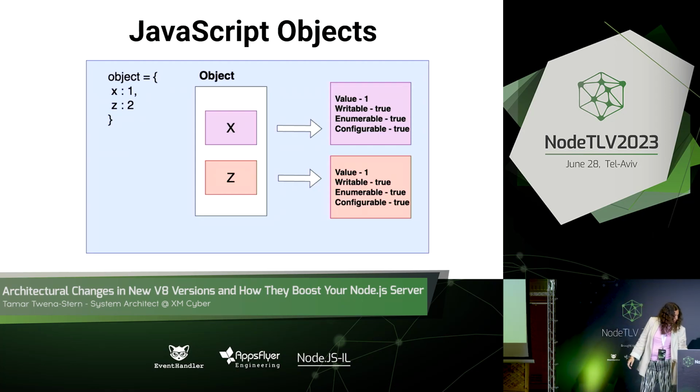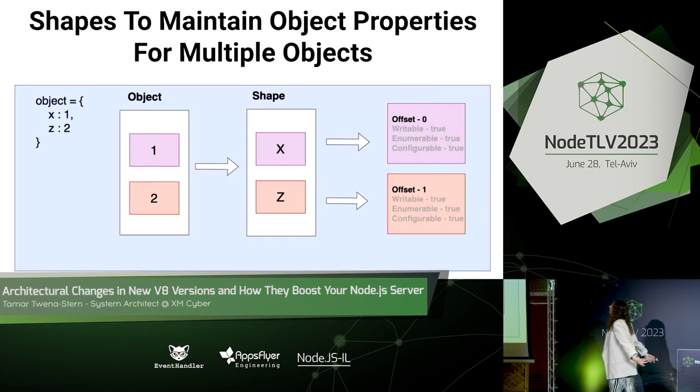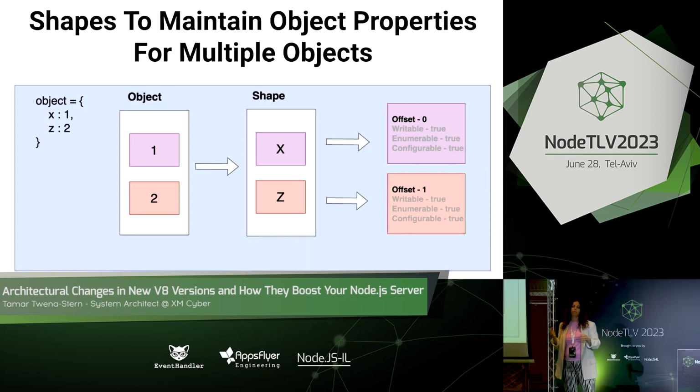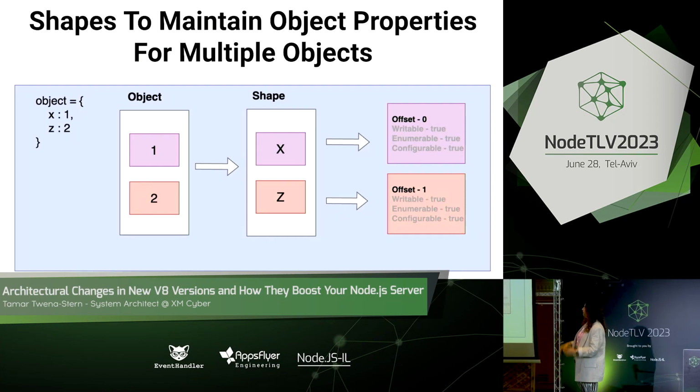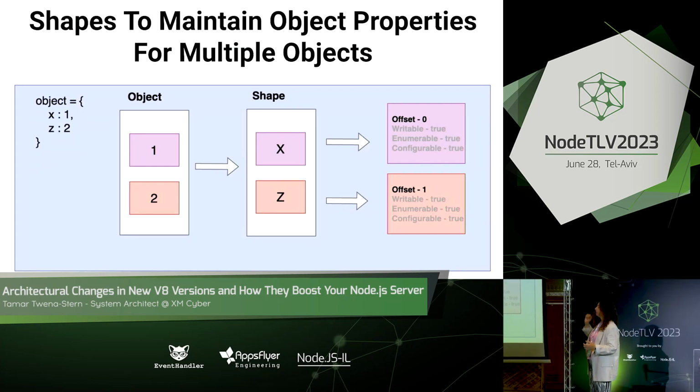And then what V8 did is to create a shape. That is actually the hidden class that the Turbofan compiler is looking at when it's doing optimizations. So what's happening when we have the shapes? We have an object, and in that object, we have the values: the value of 1, and the value of 2, and that object is pointing to a shape.